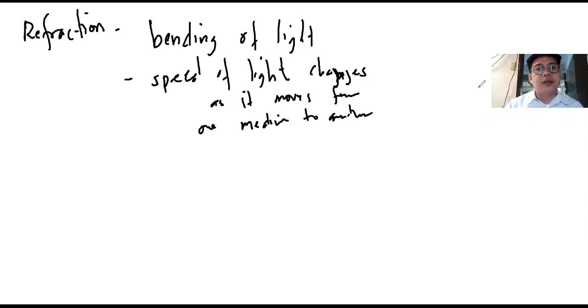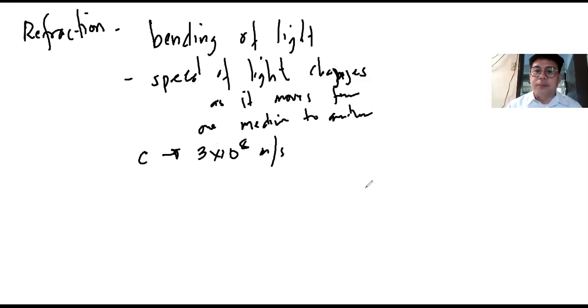A greater optical density could decrease the speed of light more compared to a lesser optical density. The speed of light in a vacuum is 3 times 10 raised to 8 meters per second, with the symbol letter C.